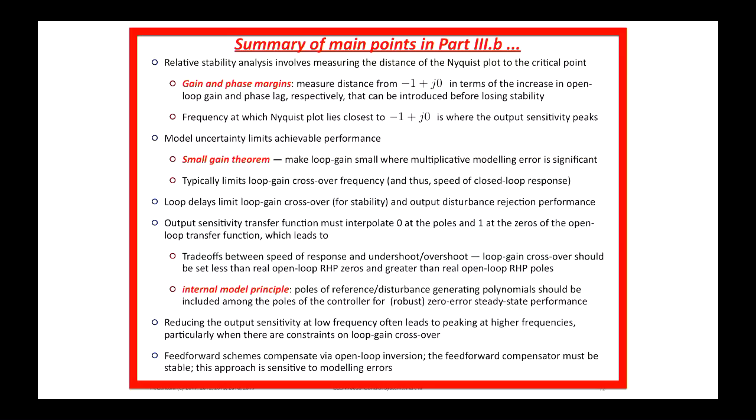Right? So these integral constraints that we were looking at on Friday last week were more about the transient stuff, right? Whereas what we're looking at today is about nailing steady state performance objectives, right? By just making sure that the controller has poles in the right spots, right? The controller has to have poles at locations that coincide with the roots of the generating polynomial. If you do that, you can robustly achieve steady state performance objectives, okay?